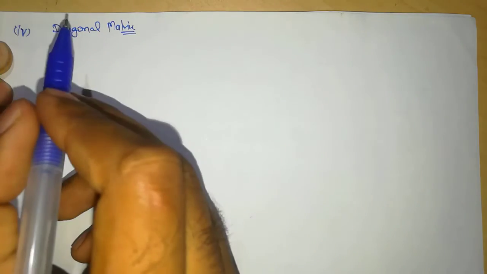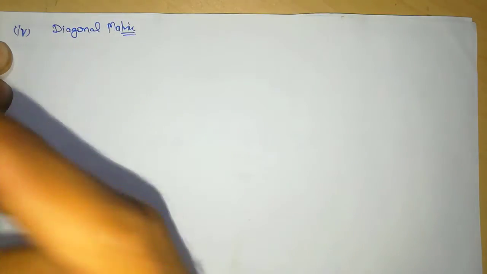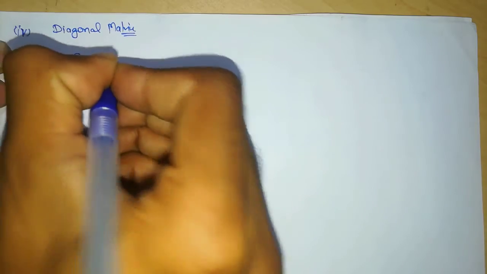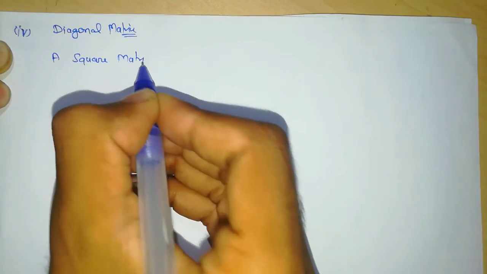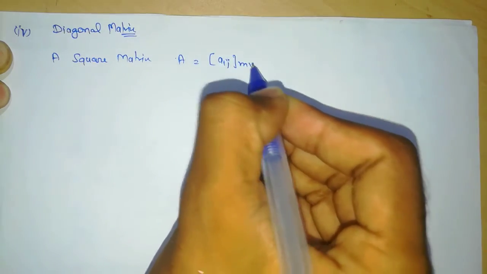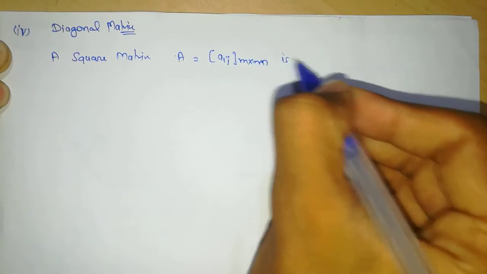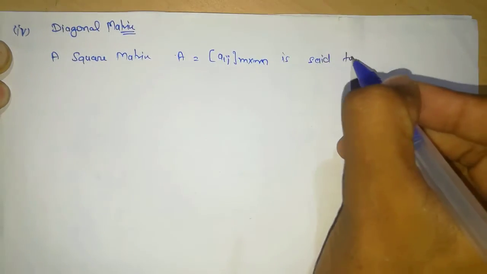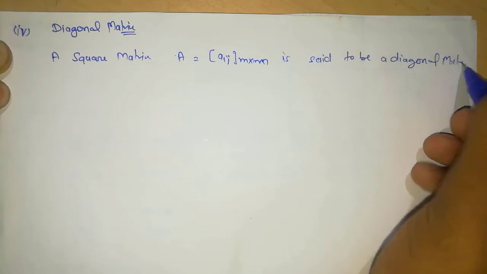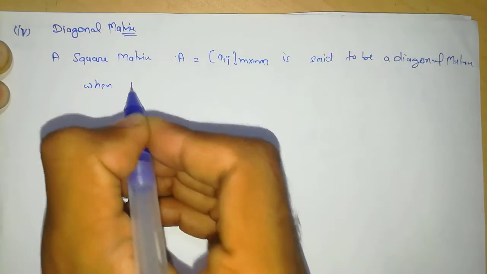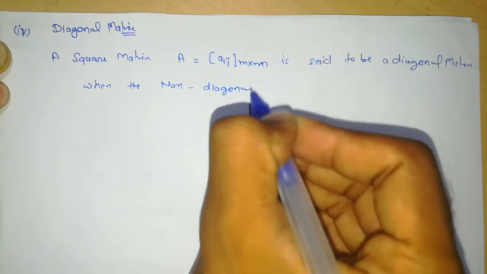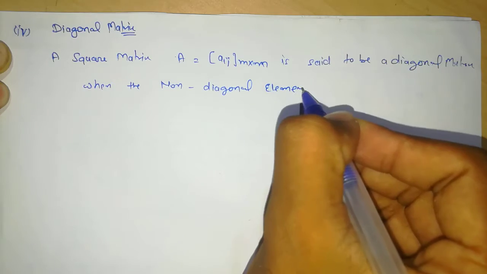A square matrix A equals Aij, m cross m is said to be a diagonal matrix when the non-diagonal elements are 0.